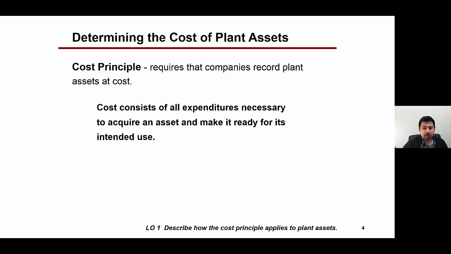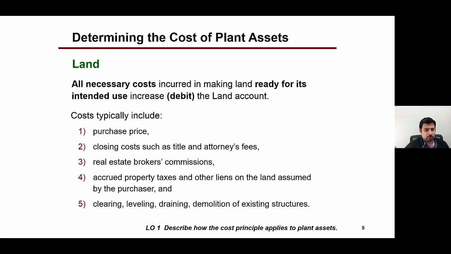For example, if the company purchases a certain machine, the cost would include the purchase price itself, in addition to installation, shipping, sales taxes, etc. As a result, the company will report that asset at cost, which includes all these individual payments.